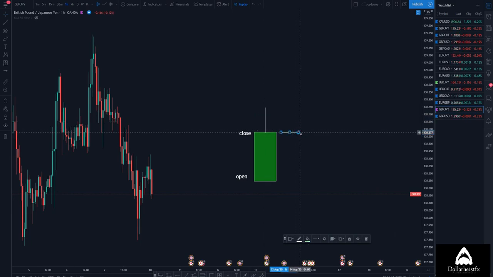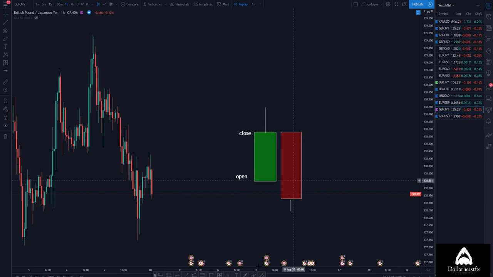And then when the market opens right here, maybe it goes down. I'll change the color first, and then it goes down like this. The first candle is going up, but the second candle is going down, maybe to here. Maybe it leaves you a little bit of wicks, small wicks.